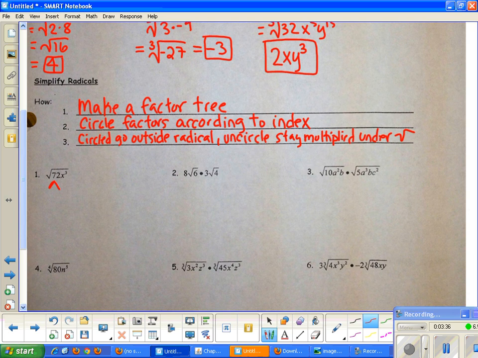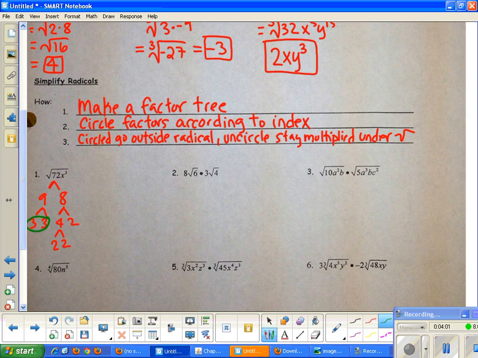Now it doesn't matter what numbers you pick. Usually people try to look for perfect squares, or you can, like I said, pick any number. So I'm going to do 9 and 8. And I know that 9 is a perfect square, which is 3, or if I want, I can break it down into 3 and 3. 8 breaks down into 4 times 2, and this breaks down into 2 times 2. So I'm looking for groups of 2 because my index is 2.